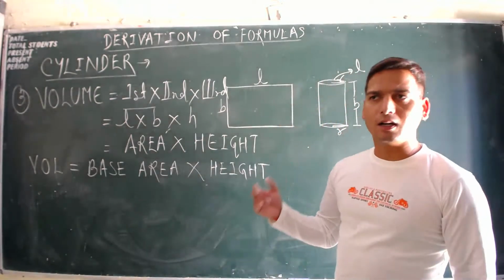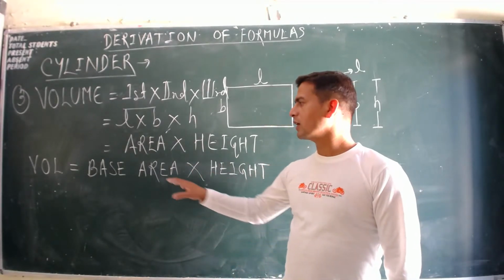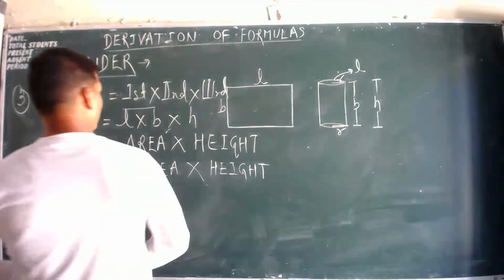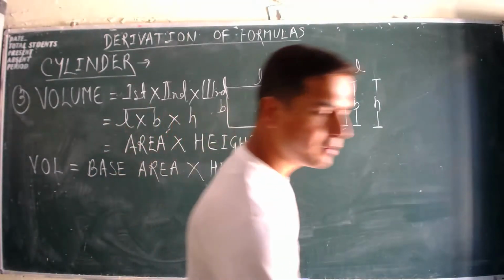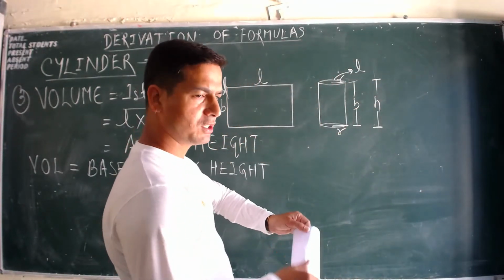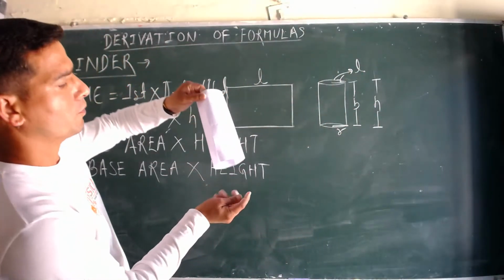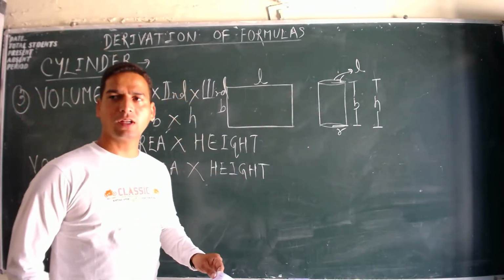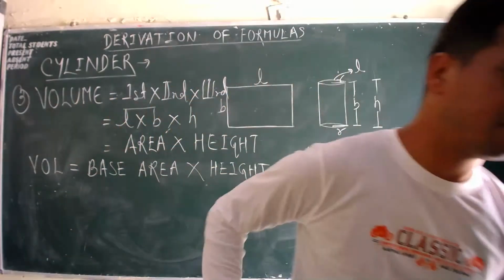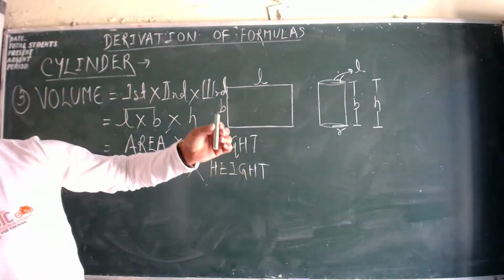Now suppose a figure does not have edges like length, breadth. In that case, we can use the formula base area into height. So in the case of cylinder, tell me what will be the base of the cylinder. Actually, this is a hollow cylinder. Suppose it would have been a solid, the base will be circular. Just like a pen or chalk, this is cylindrical in shape.